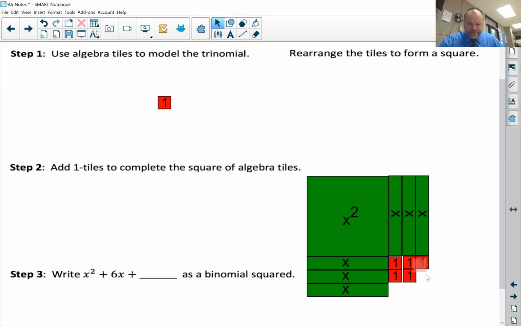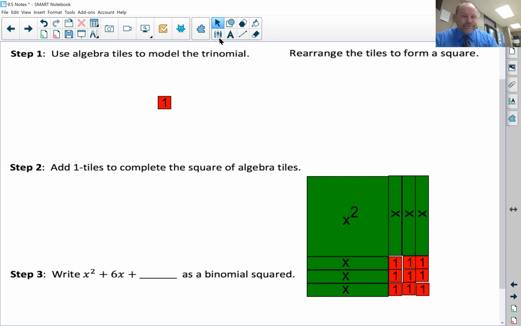And the great thing is there's a method to know exactly how many I need, which we'll get to in a moment. And there it is. So I needed 9 single 1 tiles.